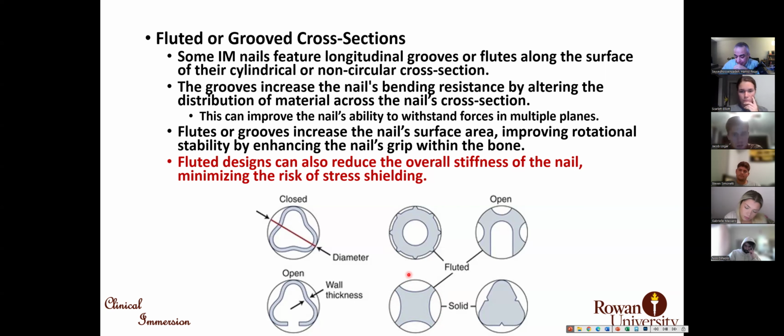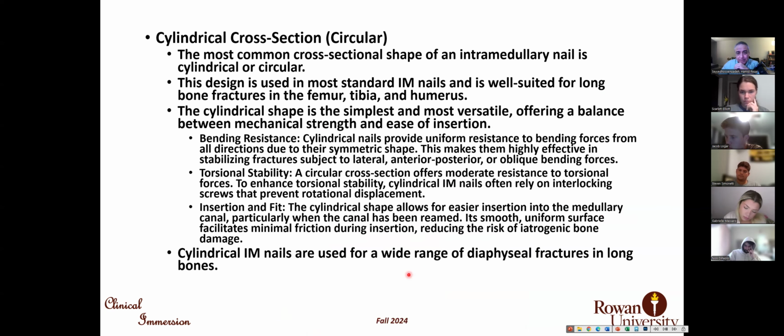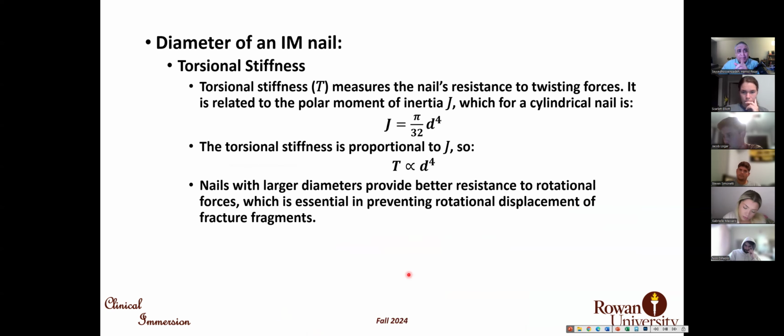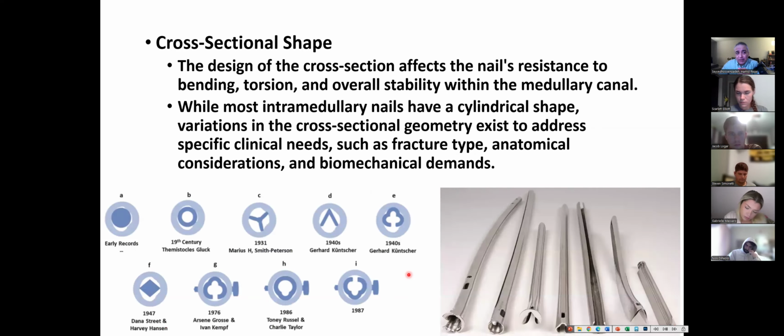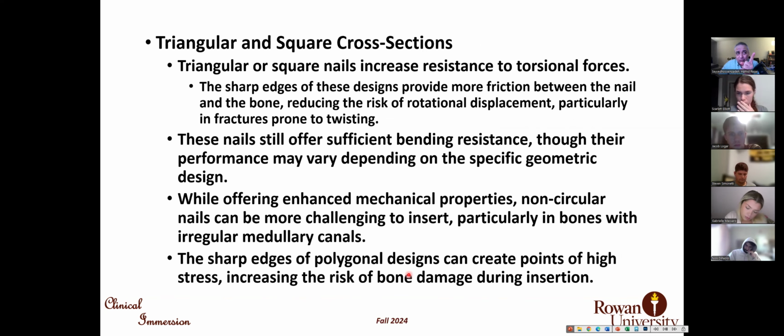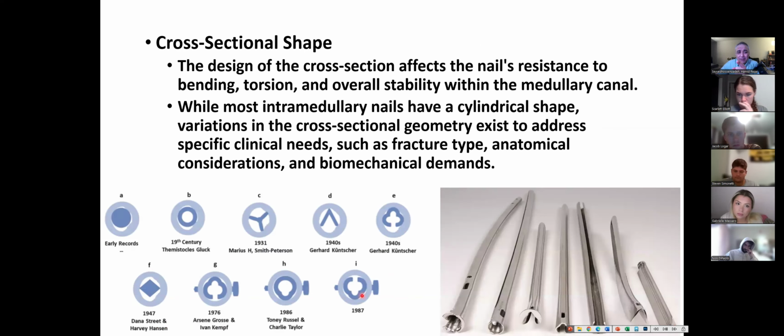Just to clarify something, I was discussing here the torsional stiffness and the diameter and the proportion between these two. This is the torsional stiffness of the nail, okay? Here I was discussing the triangular and square cross sections, like this or like this. I said they wedge inside the bone and increase the torsional stiffness.